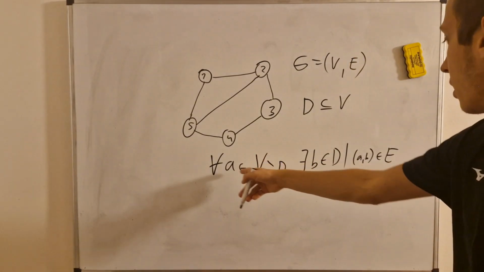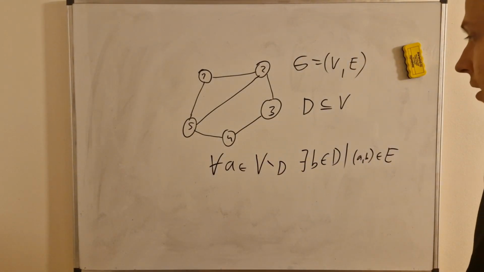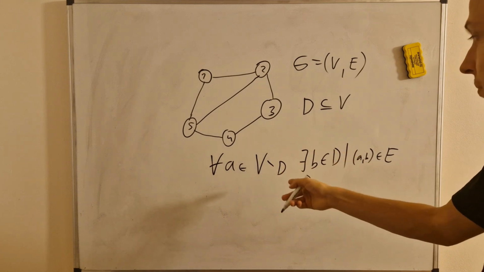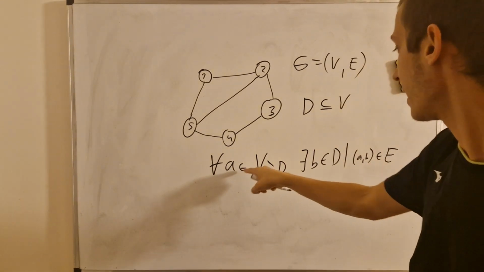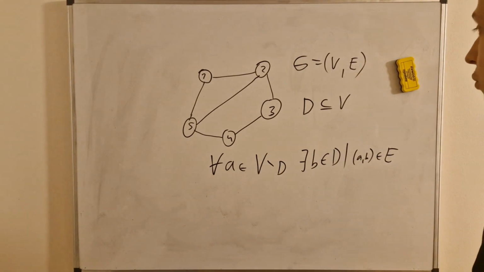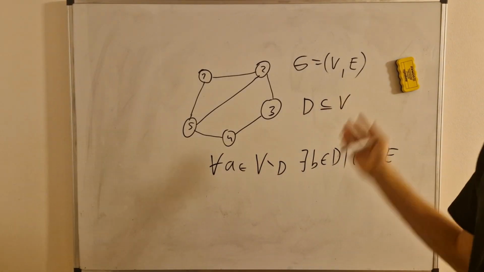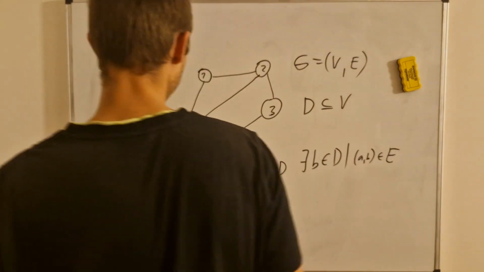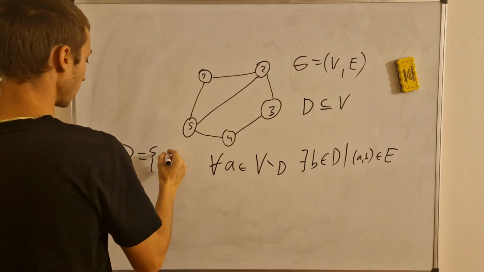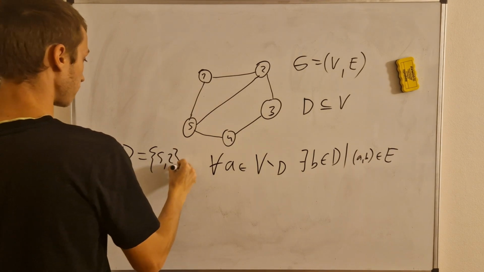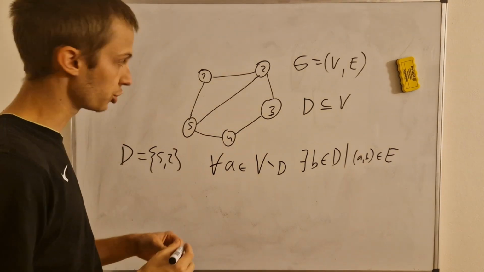That means what is written here a little bit more systematically. D is a subset of V. So an example could be 5 and 2. So let's say 5 and 2 is a potential solution here.